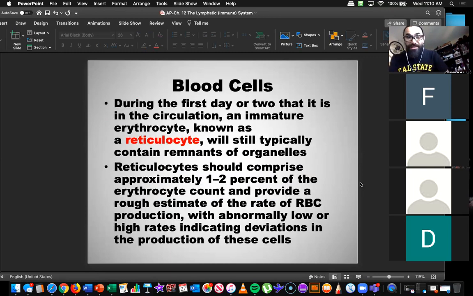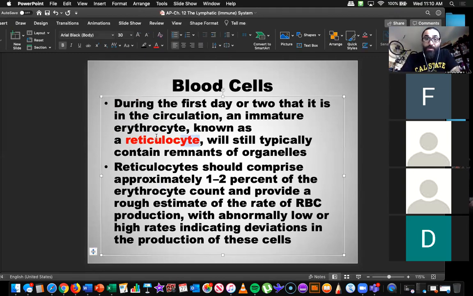Don't worry so much about this slide. Let me just tell you what this red word means. So a reticulocyte is what we call like a developing red blood cell. And we use a reticulocyte count, or the doctors use this in their office, to determine the rate at which your body is producing blood, because blood is made in your bone marrow, guys.